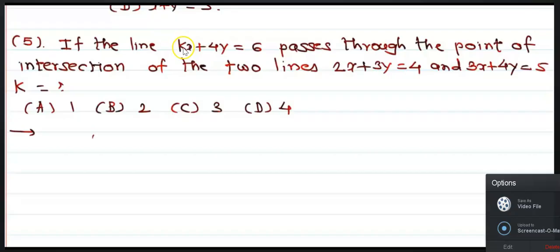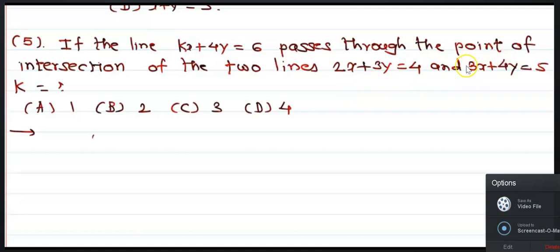If the line kx plus 4y is equal to 6, through what does this line pass? That is the point of intersection of 2x plus 3y is equal to 4 and 3x plus 4y is equal to 5. It passes through the intersection of these two lines.